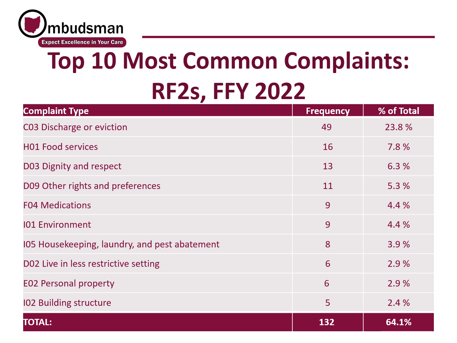These complaints are more than 60% of the total complaints here. Part of the reason there are not nearly as many complaints in RF2s is that there are fewer residents overall, and we aren't as visible in the RF2s as we are in nursing homes. In Region 9, we do a great job maintaining visibility, but across the state, that is something the state is working on, expanding presence in RF2s.